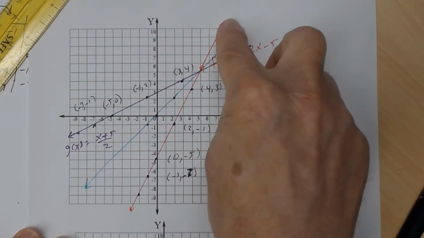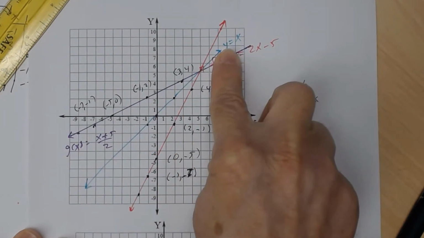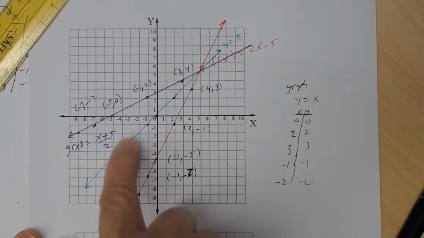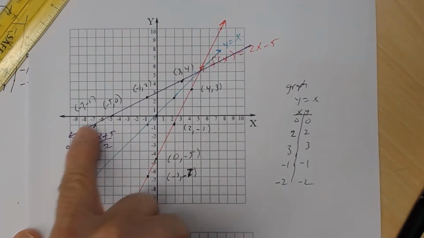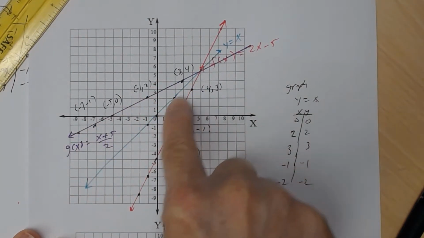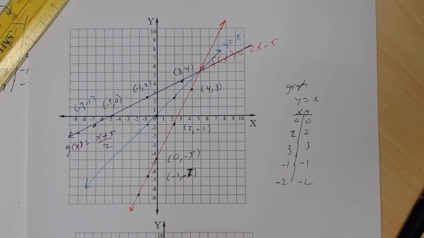This red line right here is symmetrical about the line y equals x. So those two graphs are symmetrical about this line. If I use symmetry on this purple one, symmetric about this line y equals x, I get this red one. Okay?